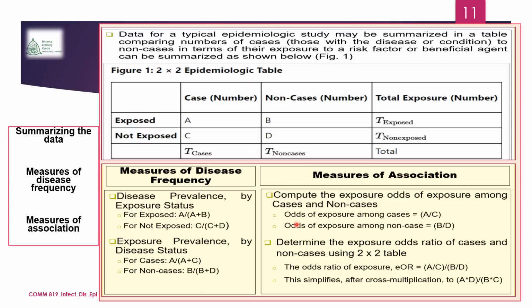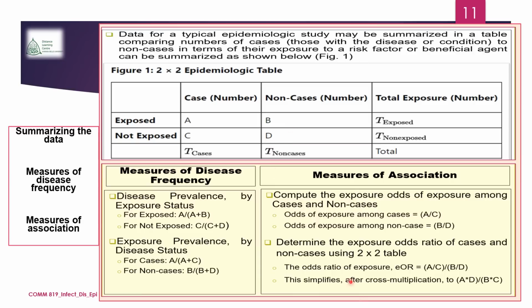For cases, the odds of exposure is A over C, exposed over not exposed. Then the odds of exposure among non-cases will be exposed over not exposed, that is B divided by D.